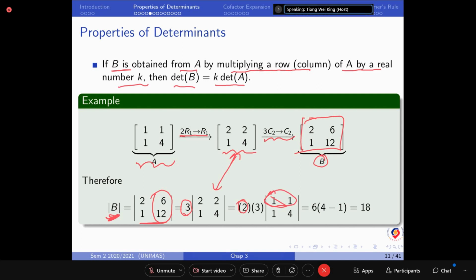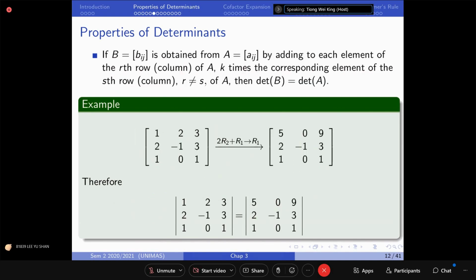At the end, to calculate the determinant, 2 times 3 you get 6, and then this one is 1 times 4 minus 1, so you have this. So determinant equals 18. So this is like a factorization, but not entirely like factorization. The concept is there. Okay, Ole? Okay, good.